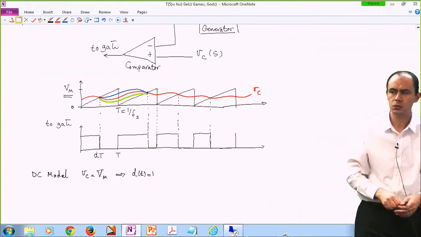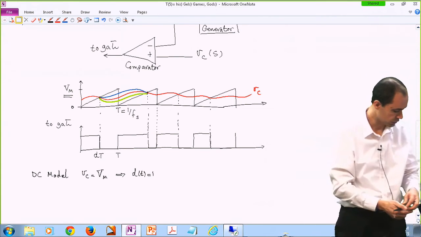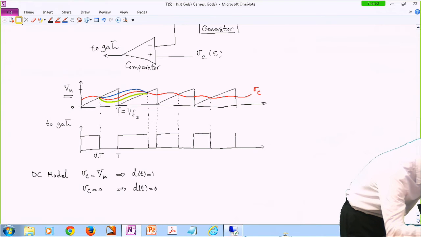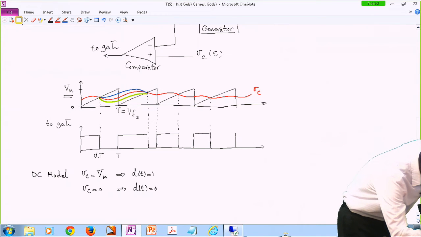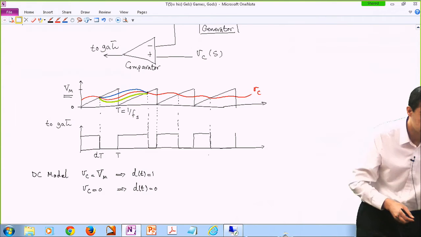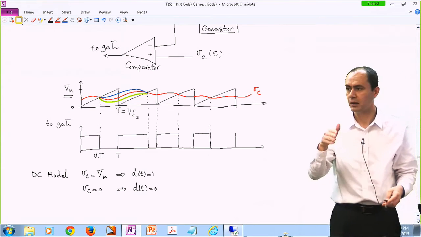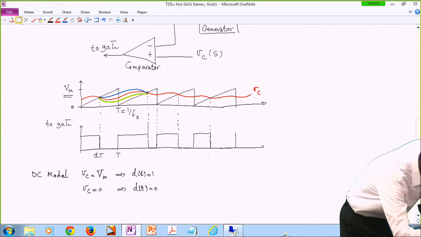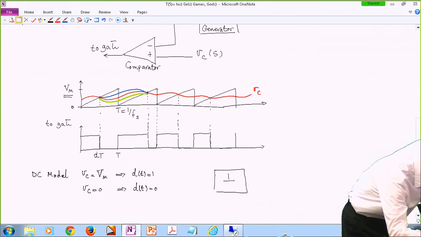That means I'm keeping the switch on the entire duration of the period. If my control signal is 0, then the duty cycle is 0. So you can get a feel under a steady state condition, or actually look at this triangle and do some math, and you're going to realize that this is the gain of the block.